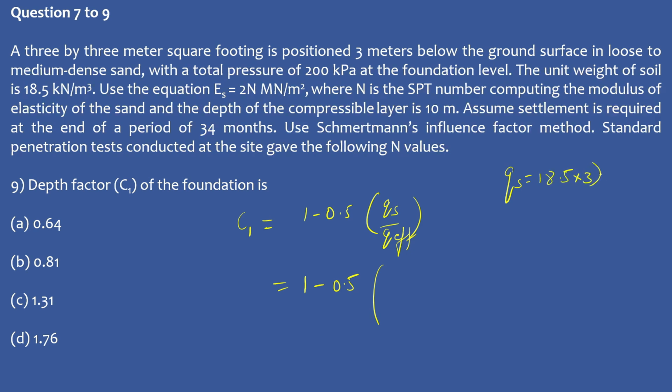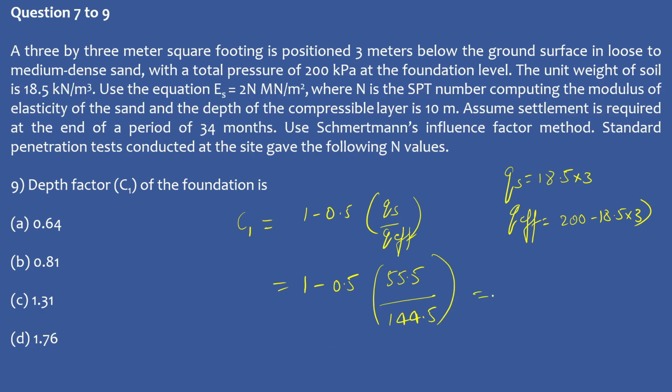And your q effective is basically you need to reduce the overburden, so that is 200 minus 18.5 into 3. 18.5 into 3 is 55.5, and your q effective is 144.5.